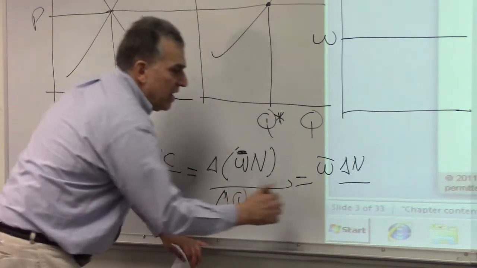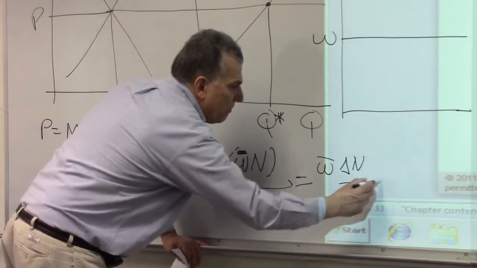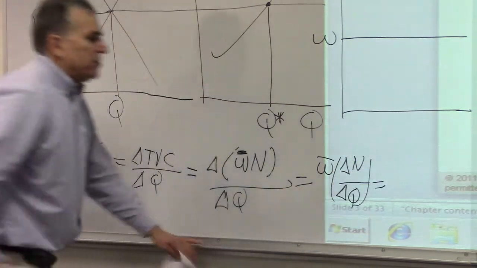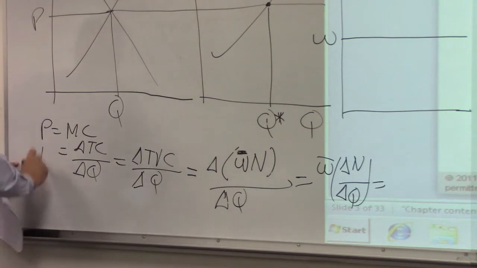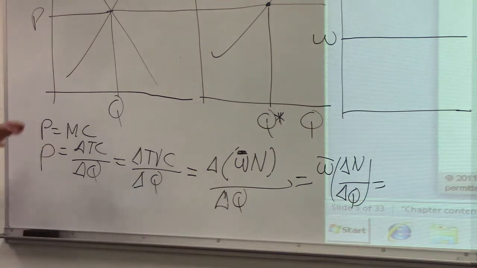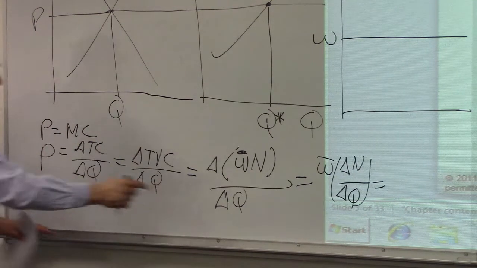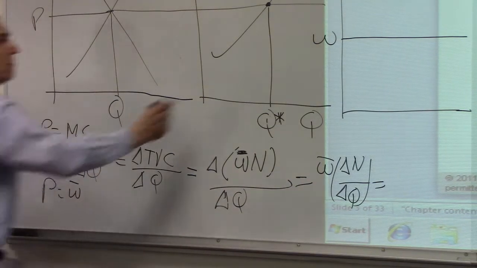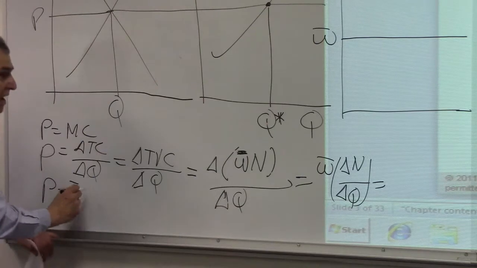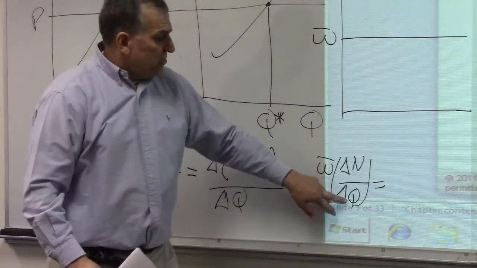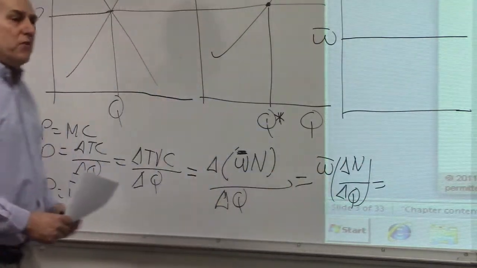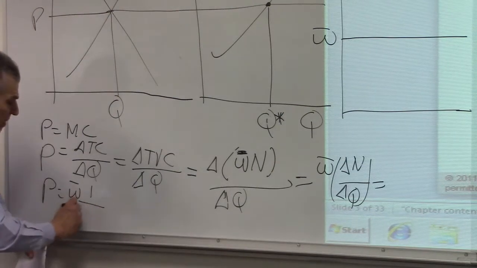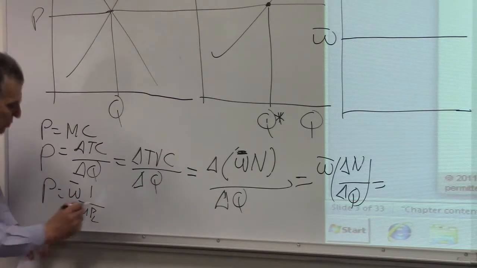But in the denominator, we have a change in Q. Now, look at what this expression is. When we say the price is equal to marginal cost, it's the same thing as saying, bringing this down to this side, price is equal to the wage rate times the change in N over the change in Q. What is this ratio? The inverse of the marginal product of labor.